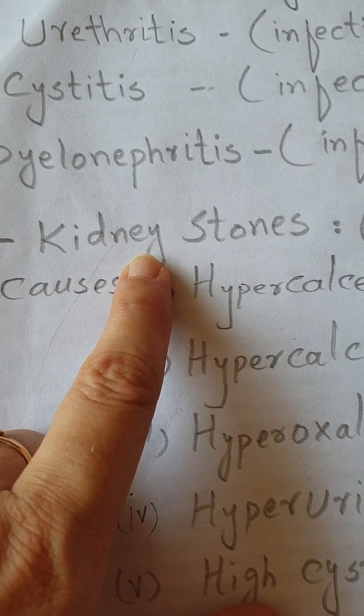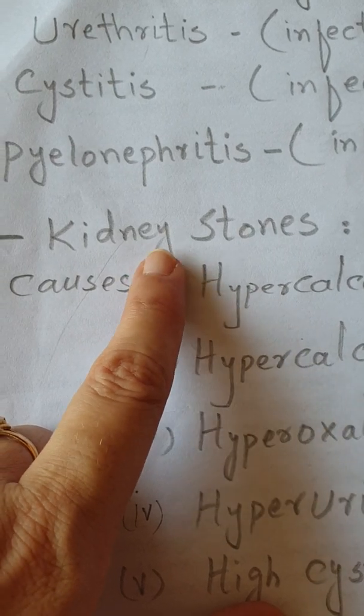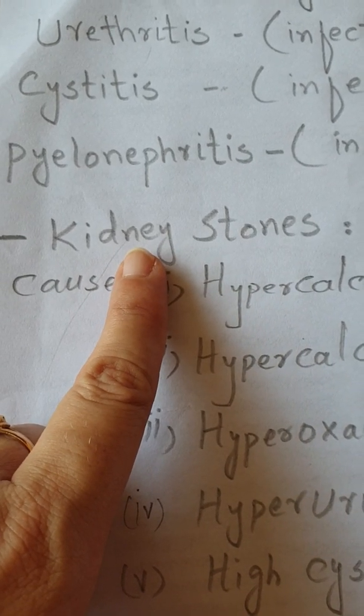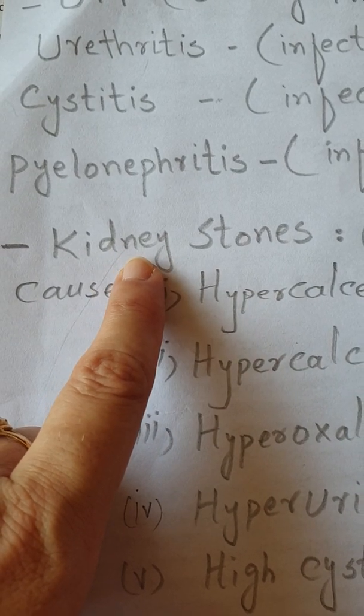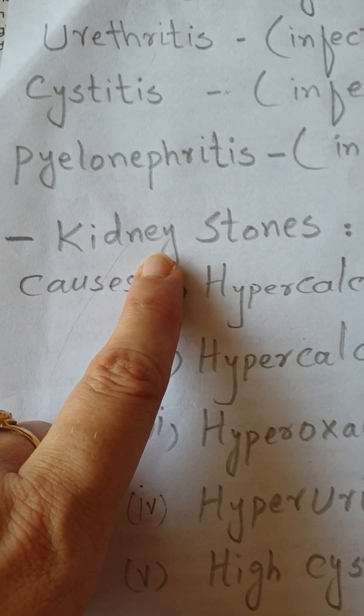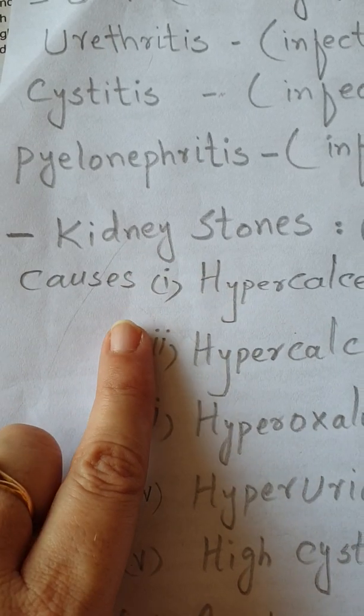So the kidney stones are actually made up of calcium and different other salts when they are increased in concentration, and they combine and form the stones.